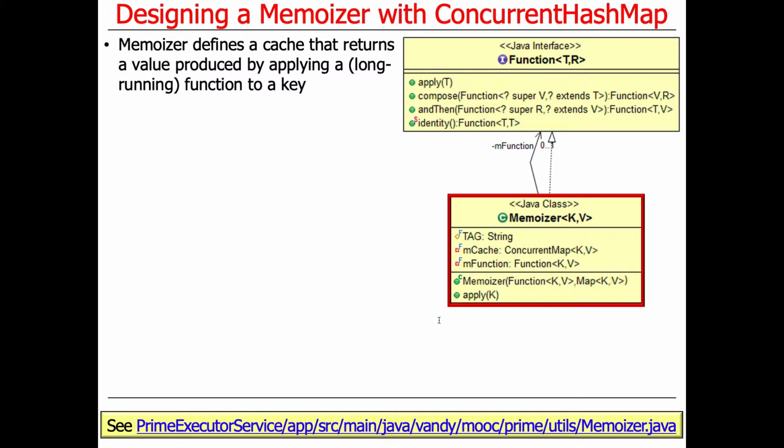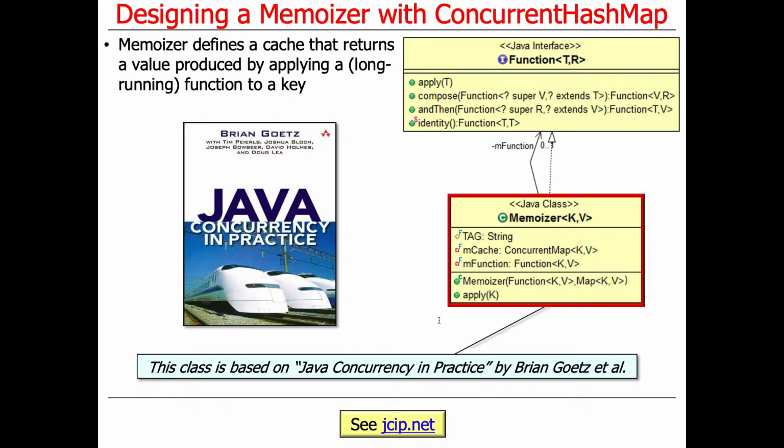So we're going to use this memoization technique to define a cache that returns a value produced by applying a typically long-running function and associating it with a key in the map. And we're going to do some cool things that go above and beyond what's in the classic Java Concurrency in Practice book by Brian Goetz et al., which is a great book. It's a little bit old, but still has a lot of great insights about how to write concurrent and synchronized programs.